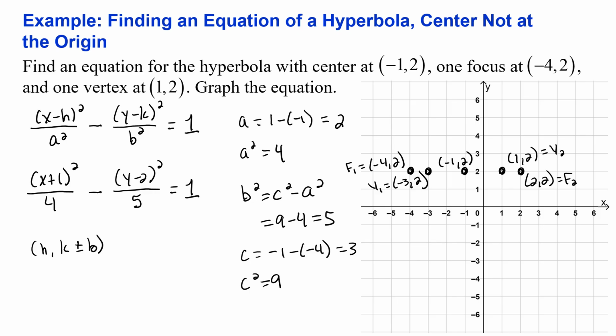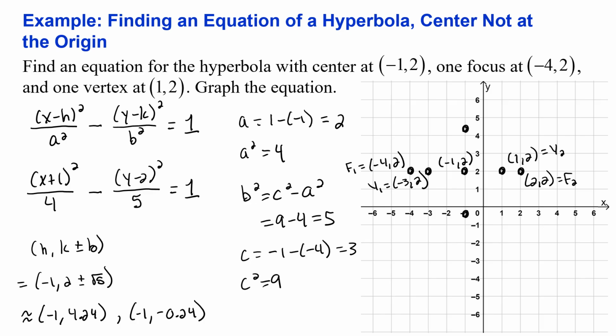So these points lie at -1, 2 plus or minus square root 5, which is approximately -1, 4.24 and -1, -0.24. Now let's plot these 2 points in our coordinate grid.